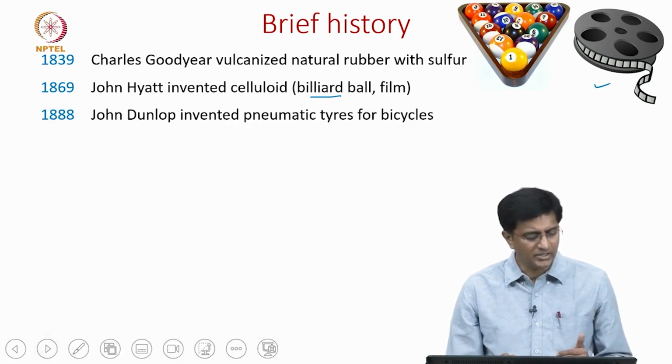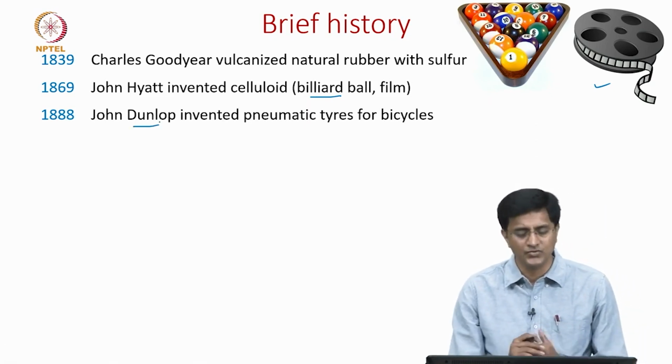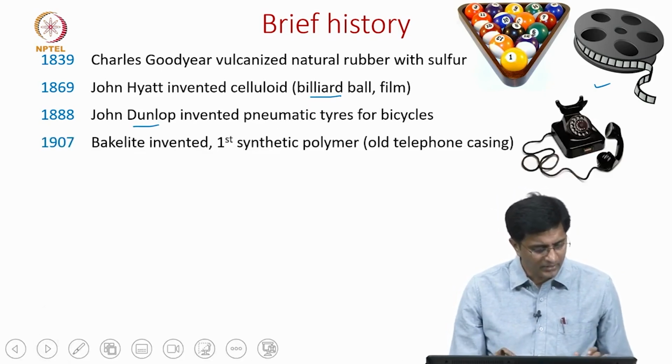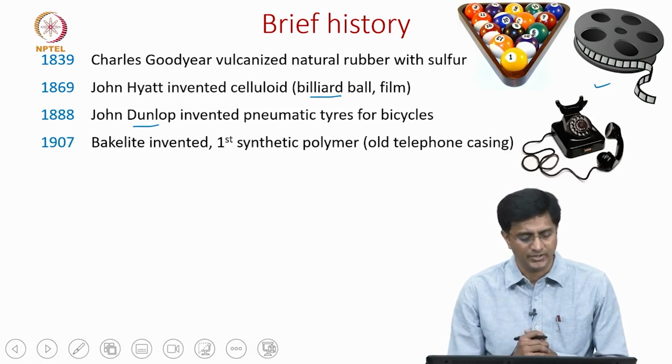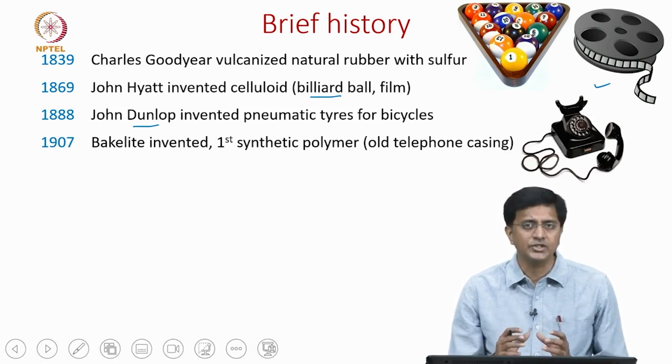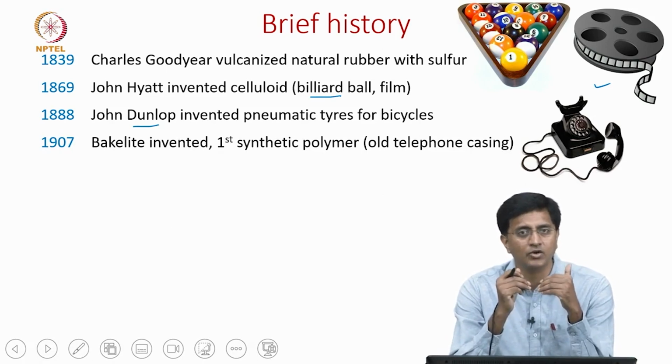Later in 1888, John Dunlop invented these pneumatic tires, which were initially used for bicycles and later for automotives as well. And then in 1907, bakelite was first invented. So, this is the first synthetic polymer which is completely made up of synthetic raw materials.